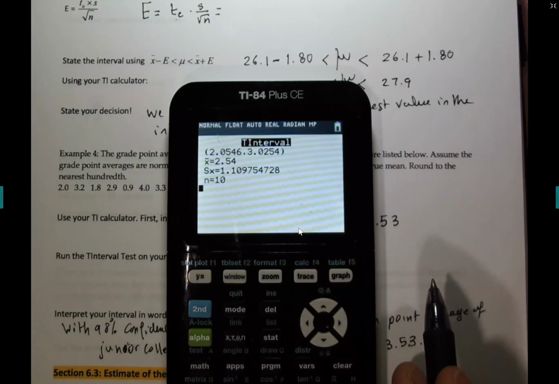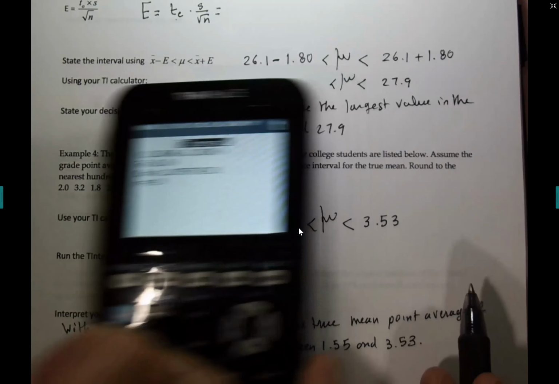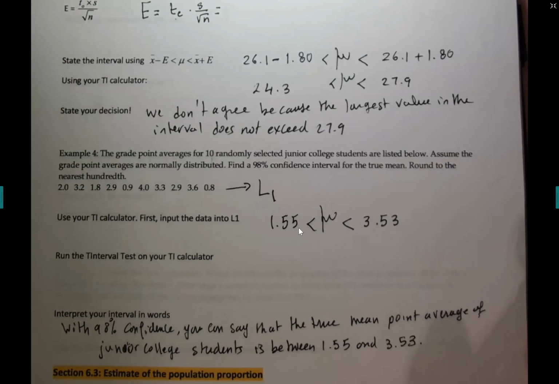So you can say with 80% confidence, the true GPA is going to be between 2 and 3. That means nobody will fail, but you're not that confident with this information. You're only 80% confident. So that's the consequence of decreasing the confidence level. You can get a better interval, a smaller interval, but your confidence level is low. And that concludes section 6.2.